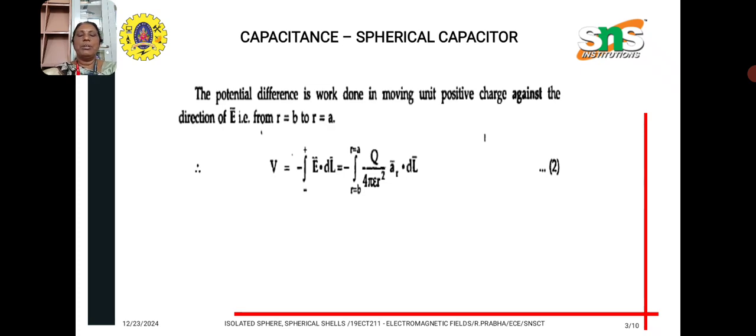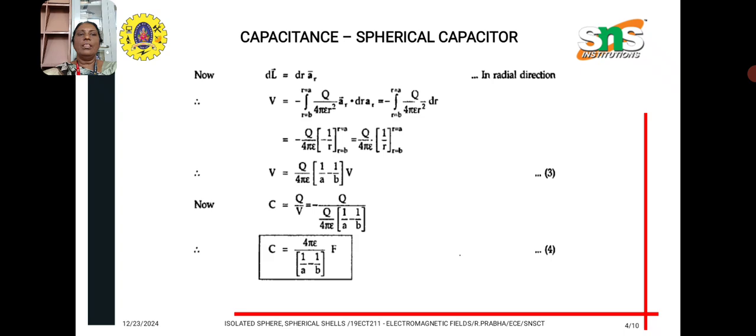The formula is given by V is equal to minus integral E dot dl, or we can write this as integral from r is equal to b to r is equal to a of minus Q by 4 pi epsilon r square a_r vector dot dl. So by integrating, we get the voltage difference or the potential difference V is equal to Q by 4 pi epsilon times 1 by a minus 1 by b, in volts.